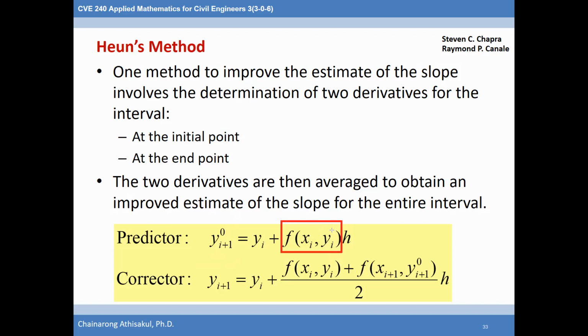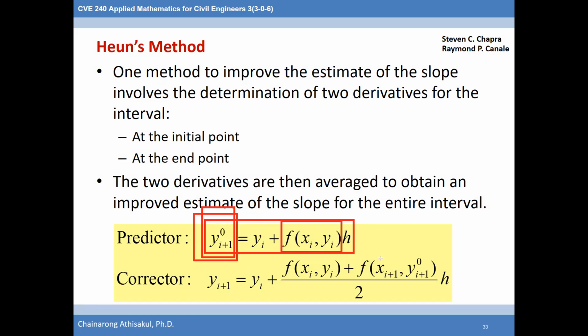So what does it mean? It means that it uses the Euler method to predict the value of y at the endpoint. But we know that this value is not the correct one. So we should adjust or correct the solution again by using this value as the final point.